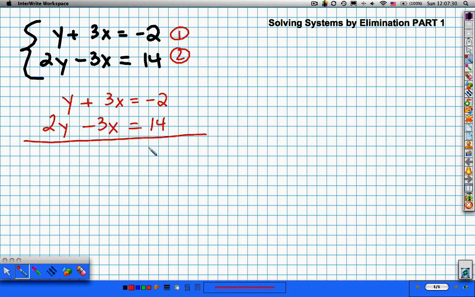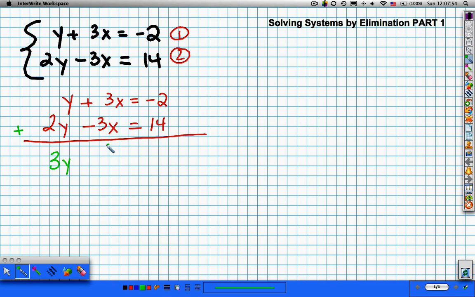So, now, if we go ahead and look at this, because these are already inverses, all I'm going to do now is put a little plus sign here and add straight down vertically. So I can think of this as 1y plus 2y. So together right here I have 3y. Well, 3x plus a negative 3x cancels each other out to 0.